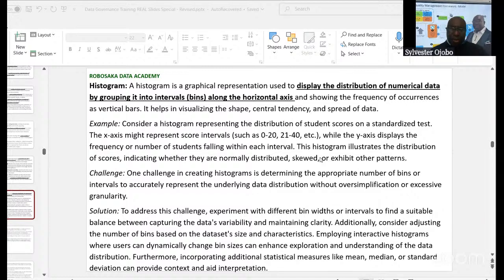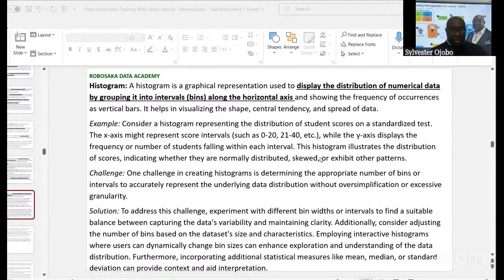So the challenge we have in this is to determine the appropriate number of bins. That means we're talking about the grouping intervals, to accurately represent the underlying data distribution without oversimplification.